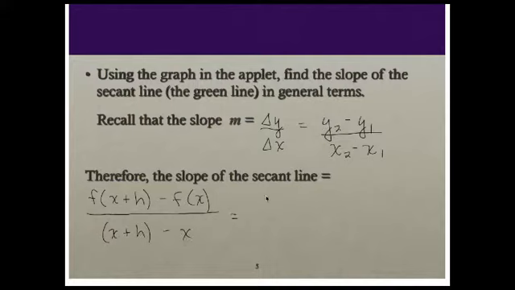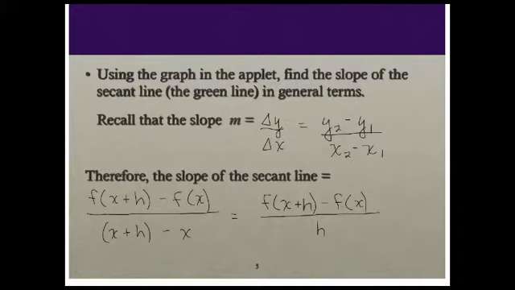So the numerator you can't do much to. The denominator, though, the x's cancel out and we're simply left with h. So now we have that first step, that general expression for the slope of the secant line.